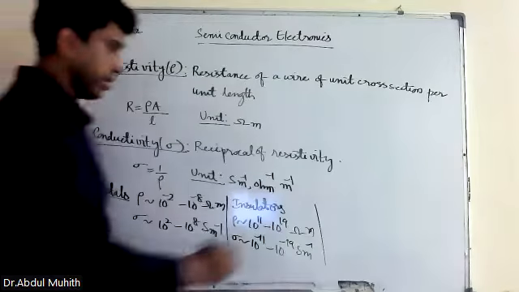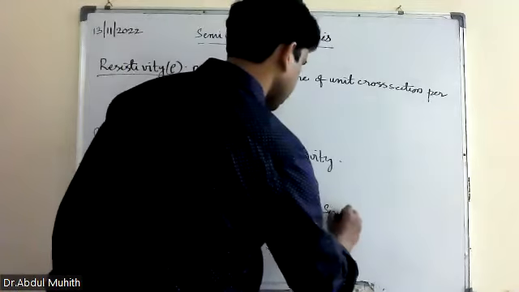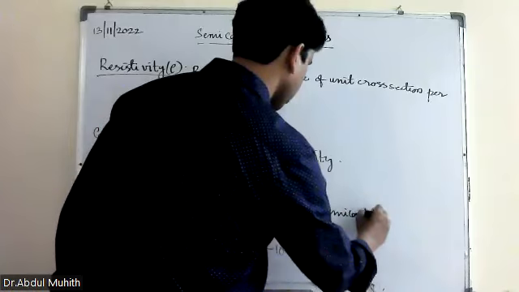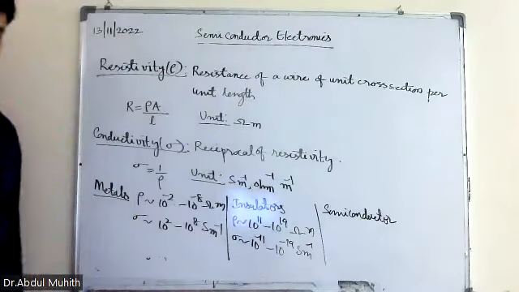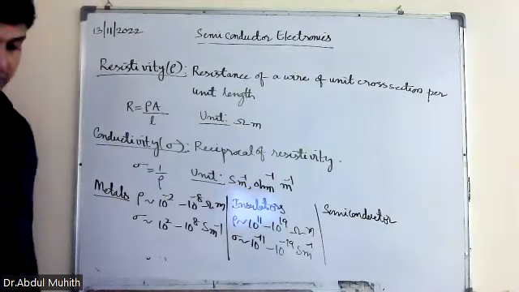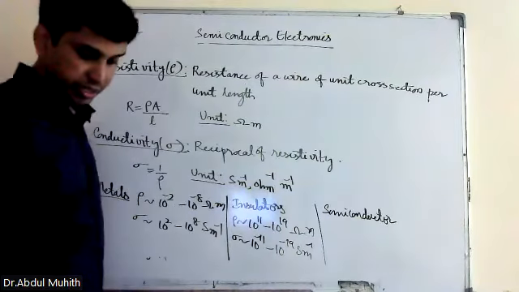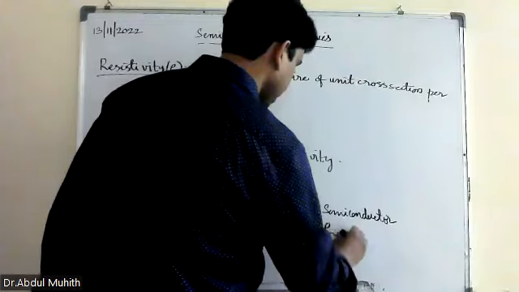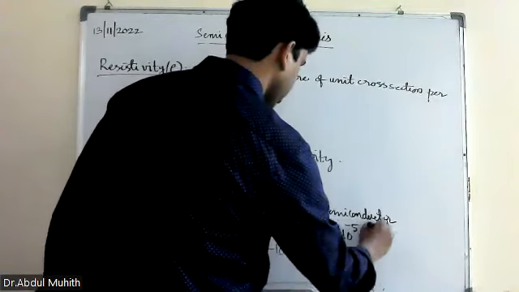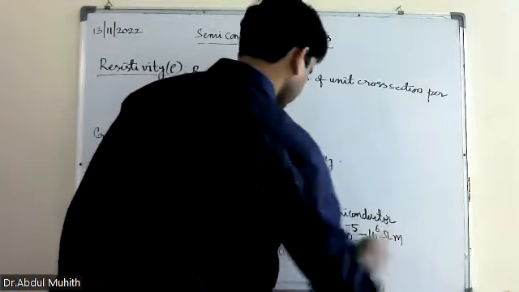Now we'll see semiconductors, how it is. Then we'll quickly move to core electrons and valence electrons. In semiconductors, the resistivity rho is 10 to the power of minus 5 to 10 to the power of 6 ohm meter.